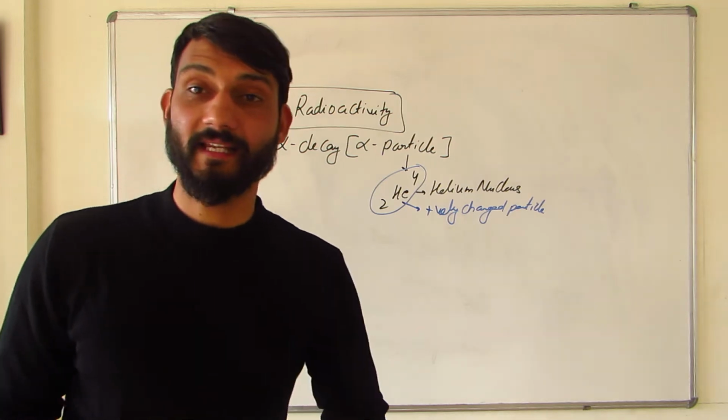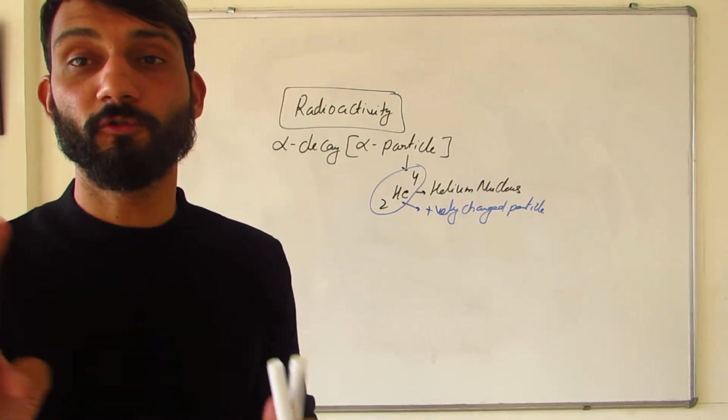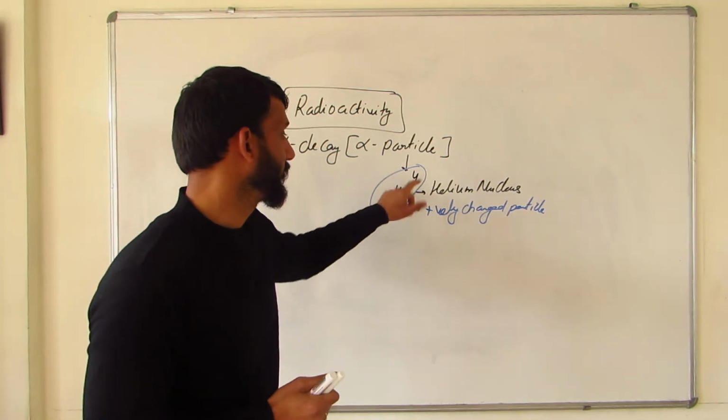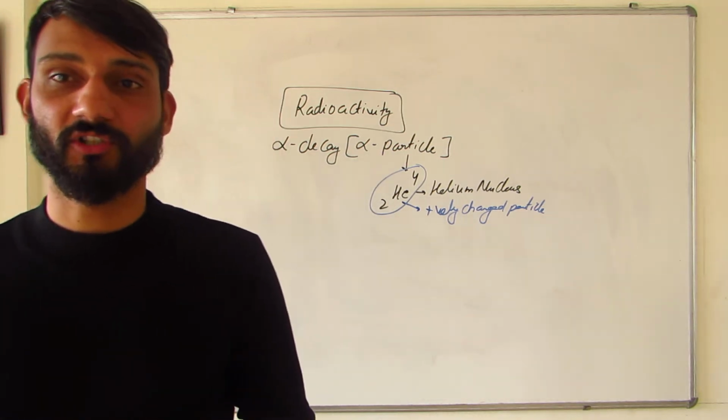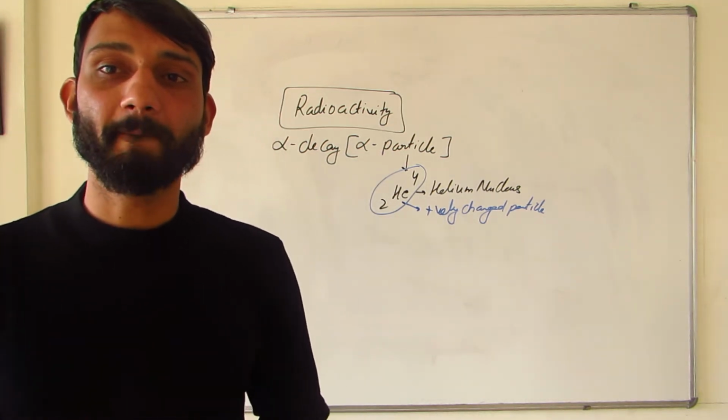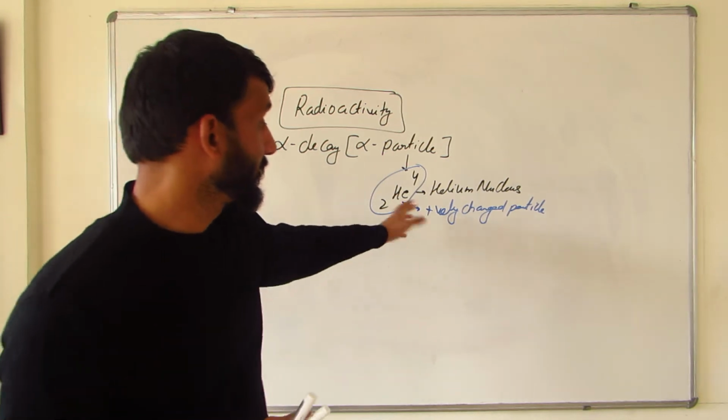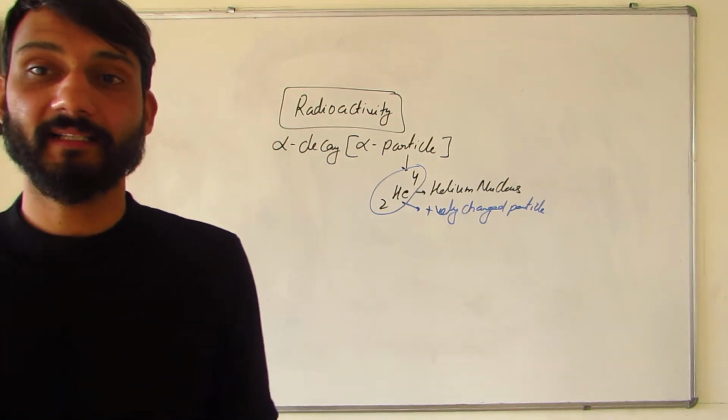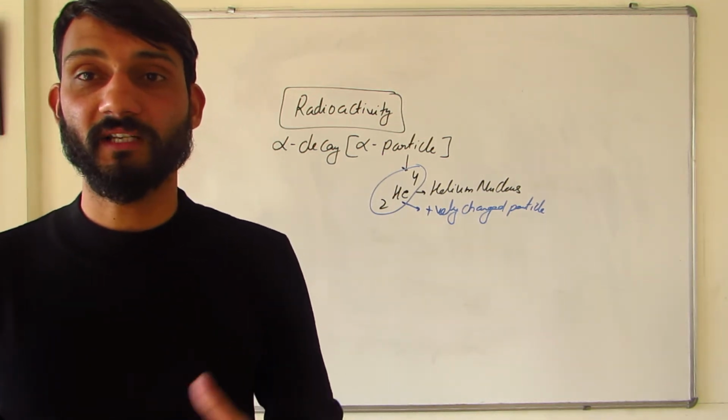Why am I saying it is a heavy particle? Because it has 4 nucleons, and it is a positively charged particle. Since it is positively charged, I am comparing this alpha particle, or helium nucleus, with the proton.